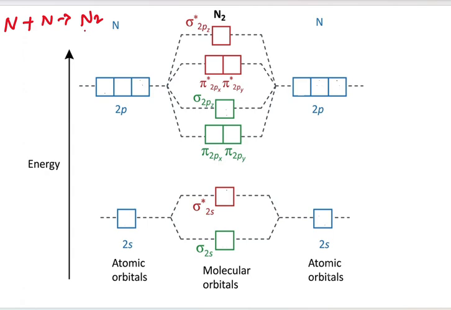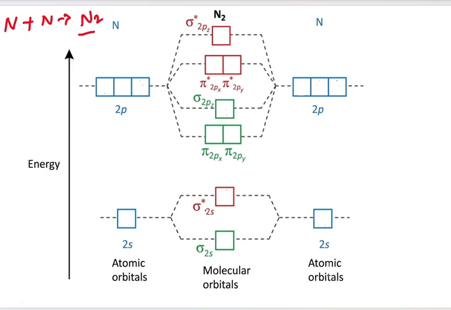As you know, the nitrogen molecule is formed from two nitrogen atoms. When two nitrogen atoms combine, their atomic orbitals that have the same energy and the same phase overlap to form molecular orbitals. Two kinds of molecular orbitals are formed when their respective atomic orbitals overlap.